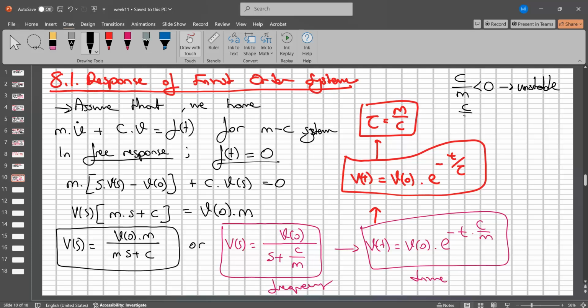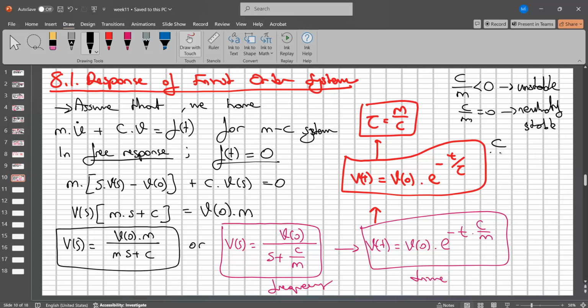And what is the condition of c divided by m equals 0? In this case, just put 0, and so this term is constant. Yes, naturally stable. Naturally means that we have the constant value.